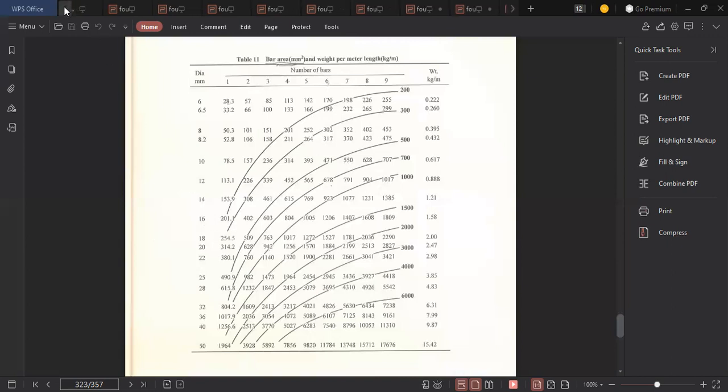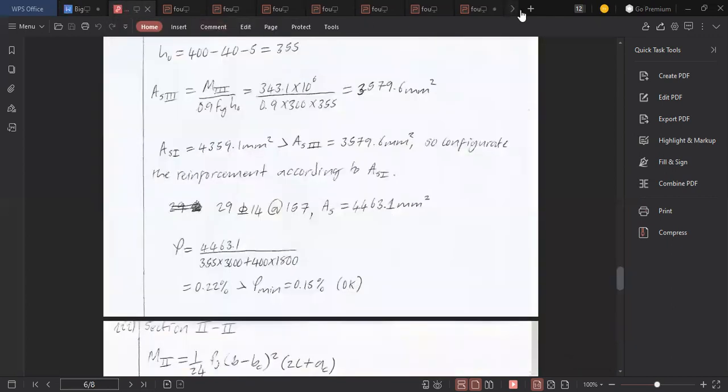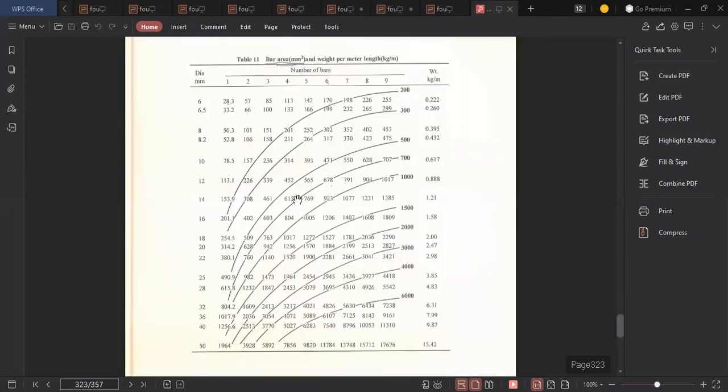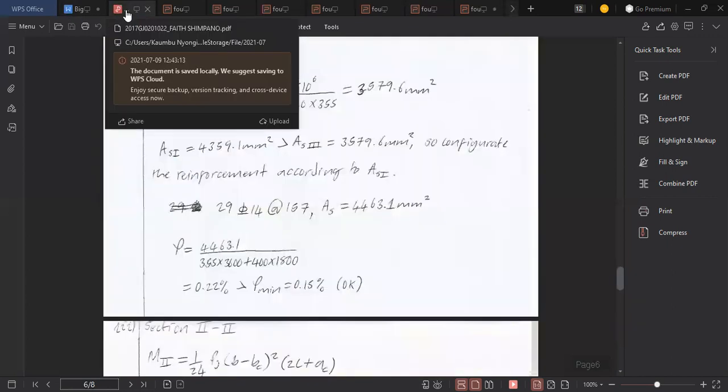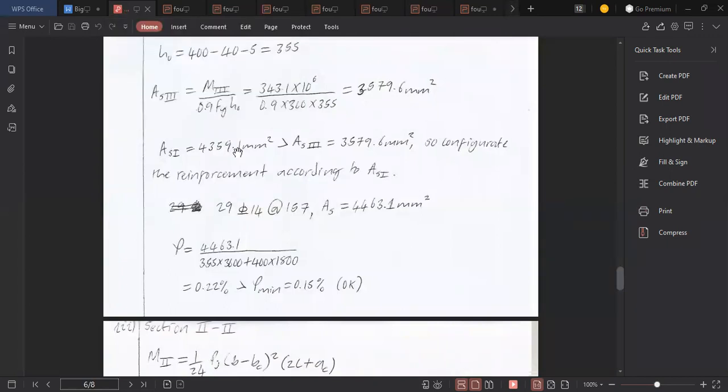So for 16, we divide the AS by 201.1. Let me calculate: 4,359.1 divided by 201.1 gives 21.6.